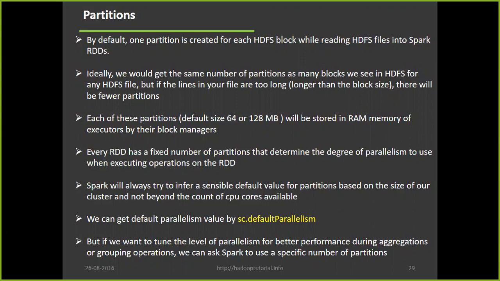Partitioning in Spark is more closely related to partitioning in MapReduce, where we use a hash partitioner to distribute your keys across multiple reducers. We'll see how partitioning happens, and on what basis and how to do custom partitioning, tomorrow.